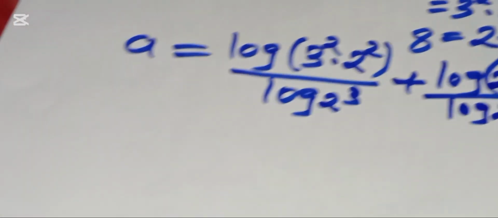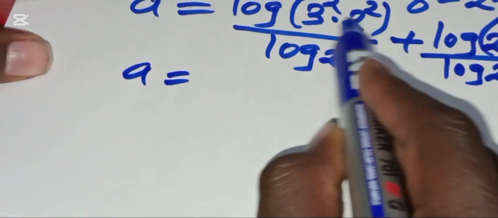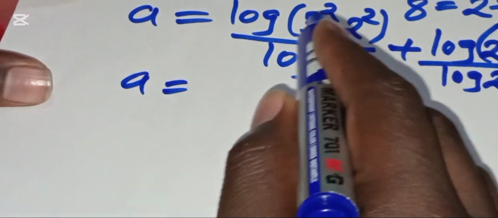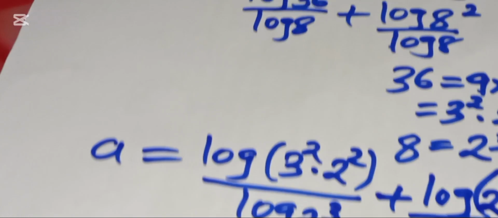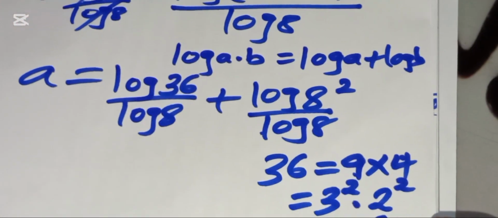Now from what we have here, again, a is equal to log 3 raised to power 2 multiplied by 2 raised to power 2, which is in the form of log a multiplied by b, which you can transform as log a plus log b.